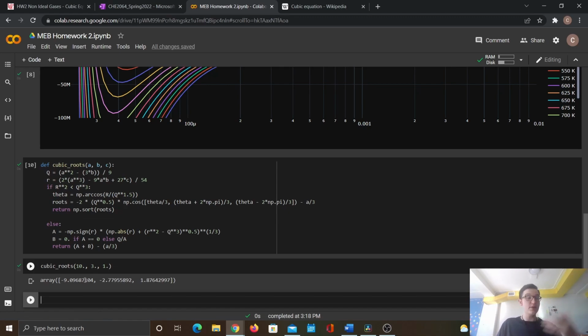There we go. So if we have correct values and values that allow it, we get roots. We got 3 roots sorted from largest to smallest. So -9, -2, 1. Of course, you have decimals there. So we know that it works now.